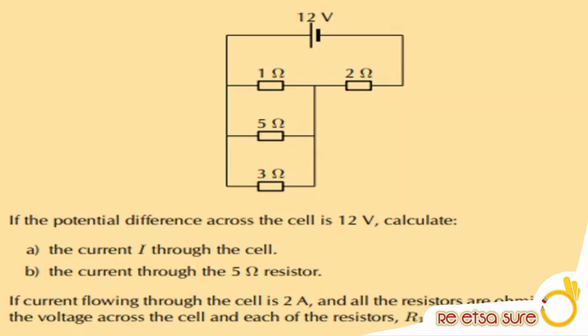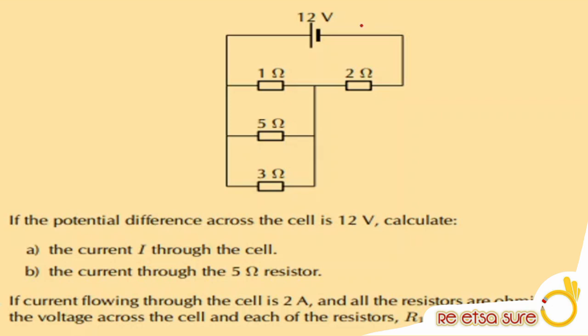So now let's check. The cell that is given in our diagram is 12V, and then we have about 3 resistors that are connected in what? In parallel, and then 1 resistor that is connected in what? In series. So if the potential difference across the cell is 12V, calculate the current through what? Through the cell.